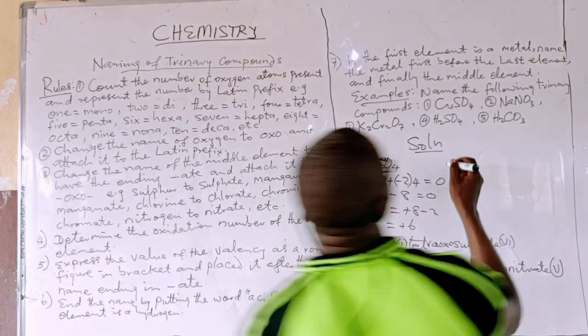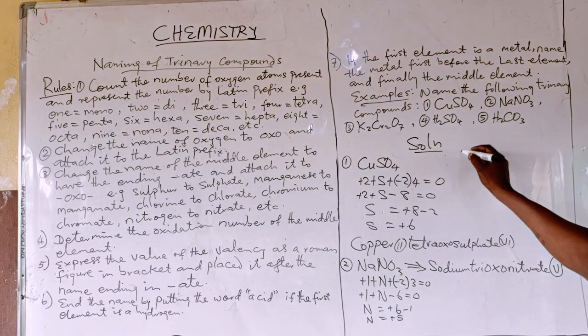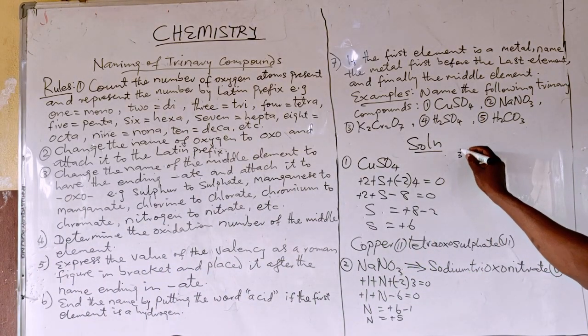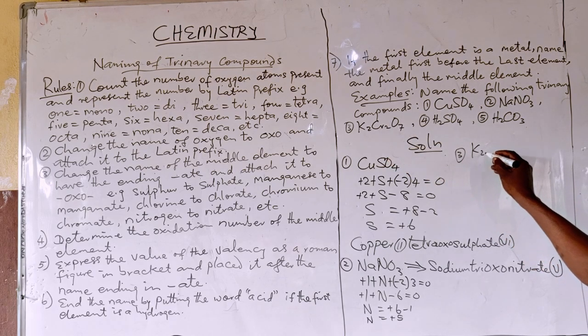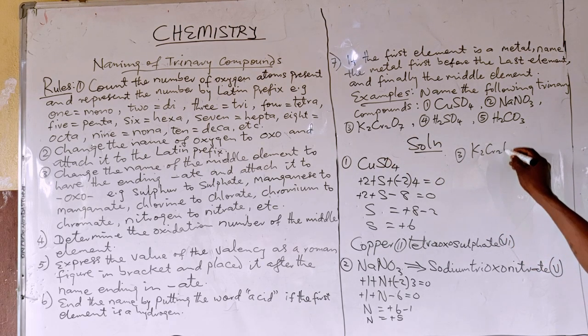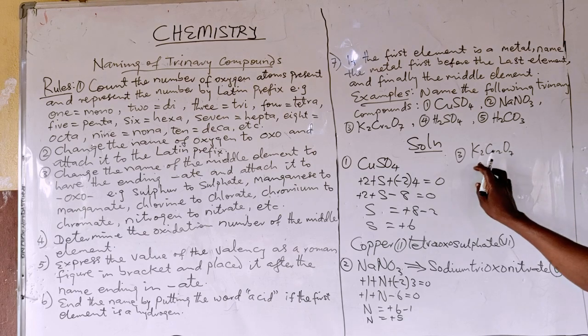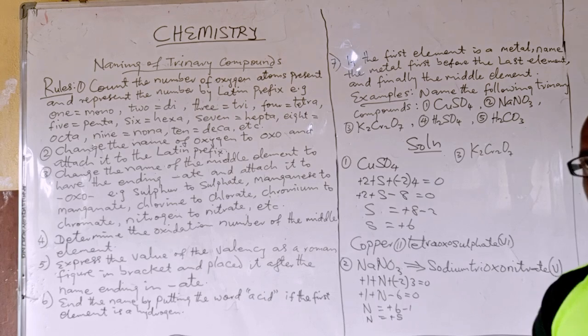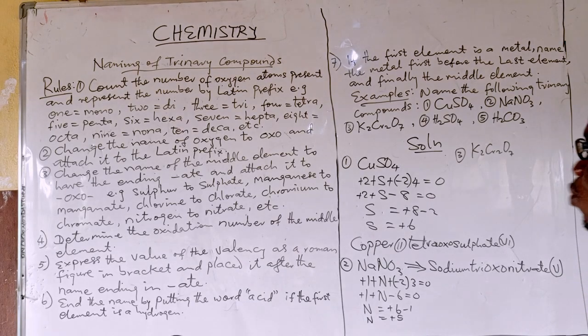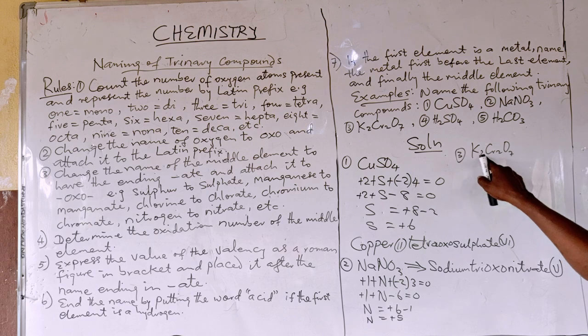Now let's do the third one. The third one is K2Cr2O7. Let's work. Potassium is among the first 20 elements and it has a fixed oxidation state, which is 1. So 1, but it is 2 here.